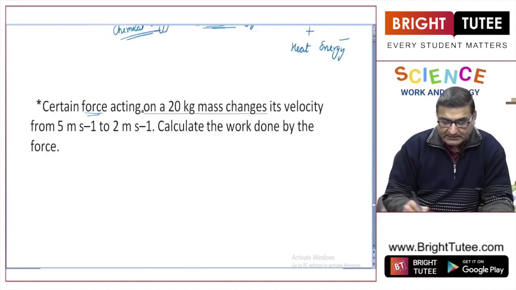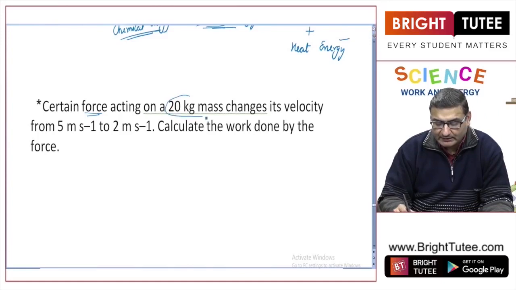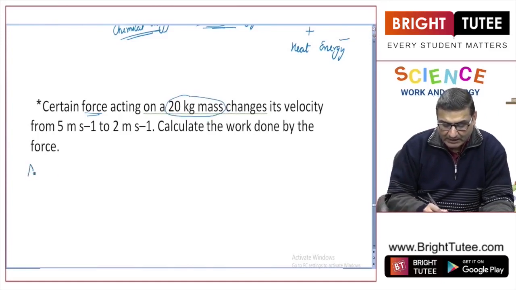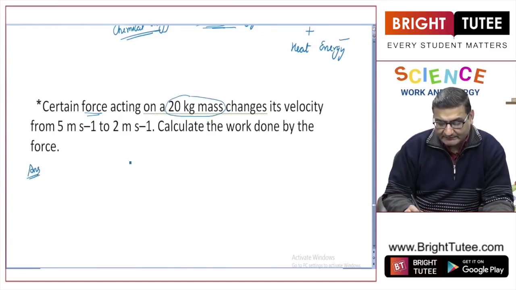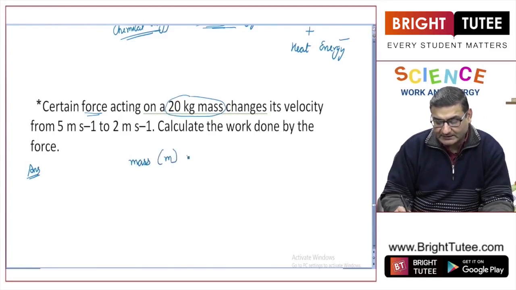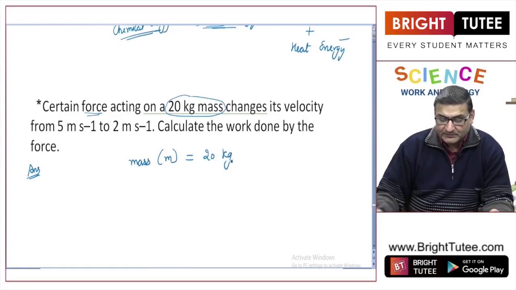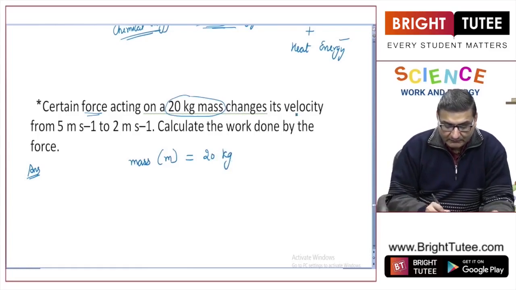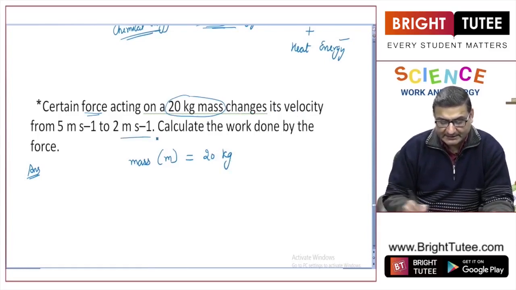A certain force acts on a 20 kilogram mass. In this question we are given the mass of an object, represented by small m, which is 20 kilogram. It changes its velocity from 5 meter per second to 2 meter per second.